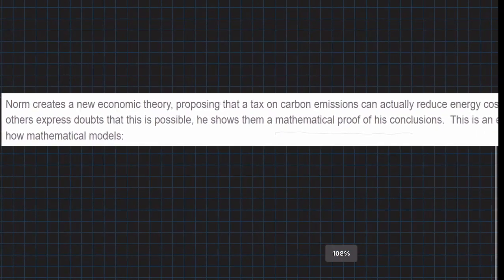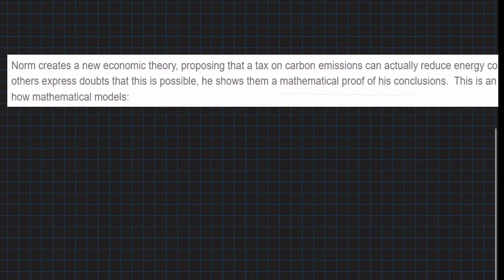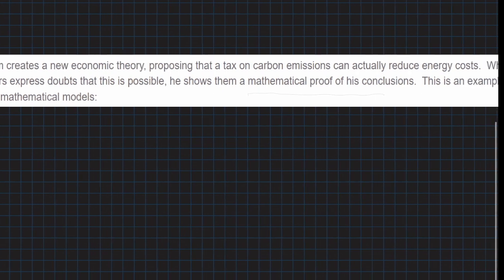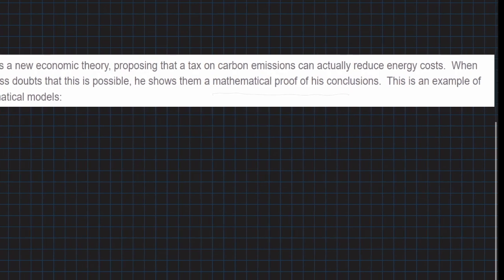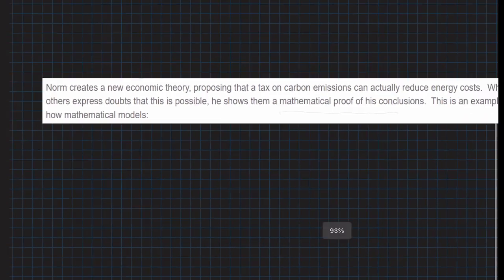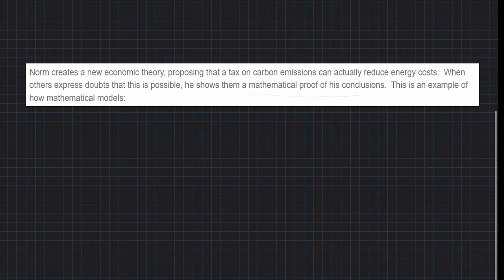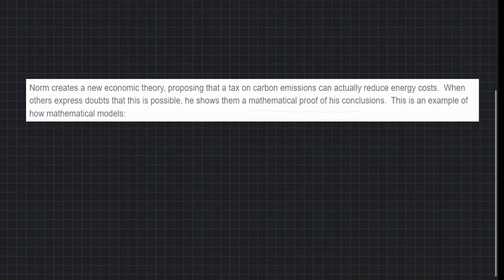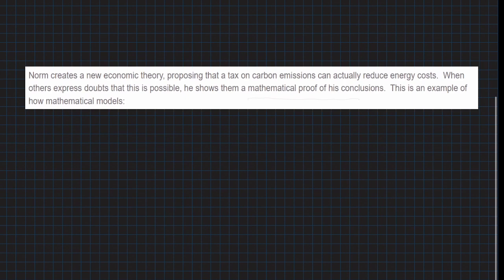So now let's look at the next question. Norm creates a new economic theory, proposing that a tax on carbon emissions can actually reduce energy costs. When others express doubts that this is possible, he shows them a mathematical proof of his conclusions. This is an example of how mathematical models... Okay, so now let's see here.